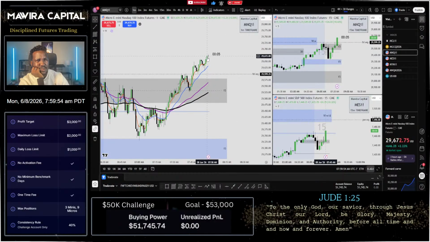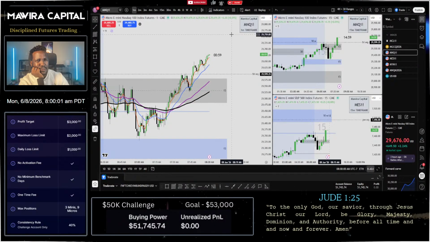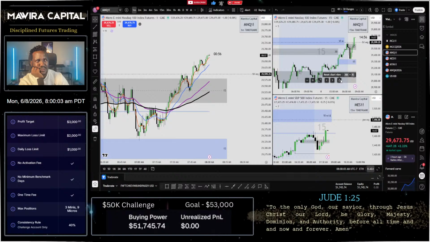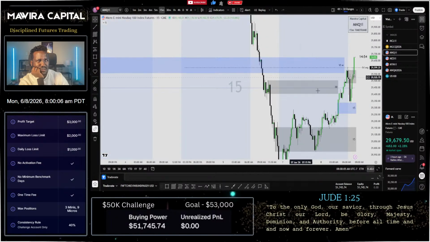If we can get that retracement, bro, touch the breaker and also the 50 with a trend line, we might have a very good trade here.